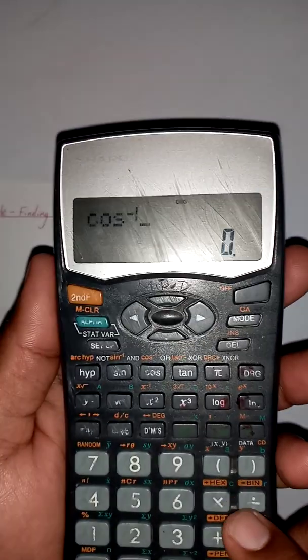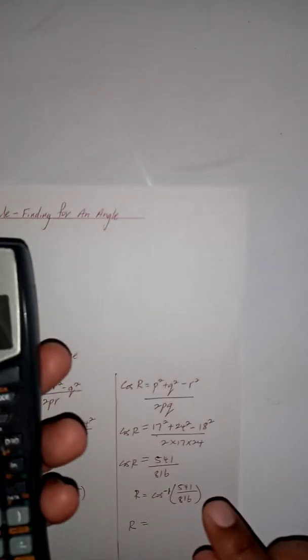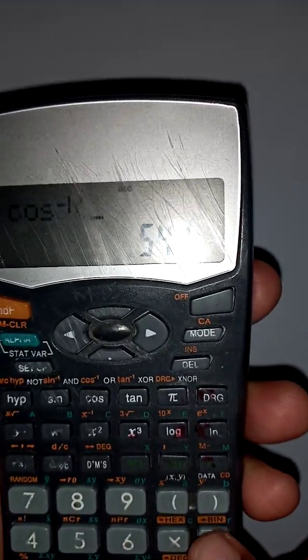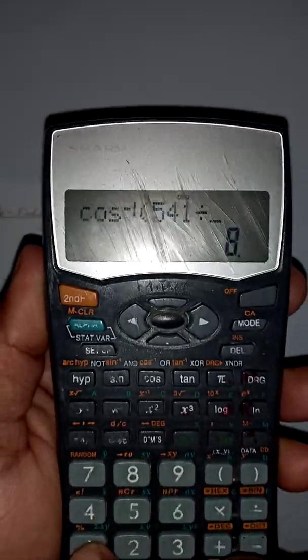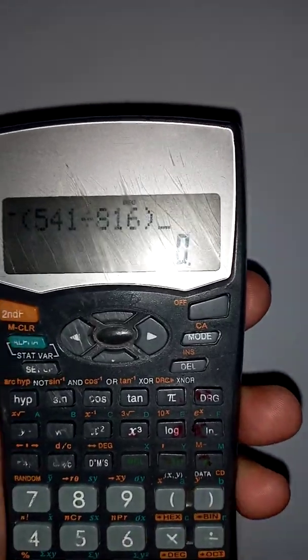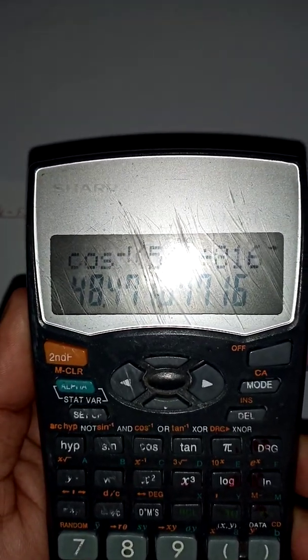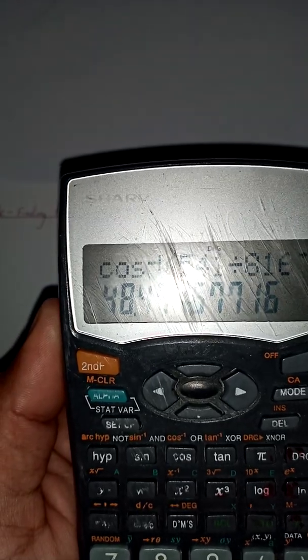Here we have cos inverse in brackets, 541 divided by 816. Close bracket. Good. What we have is 48.4. So the nearest whole number will be 48 degrees. So our answer is 48 degrees.